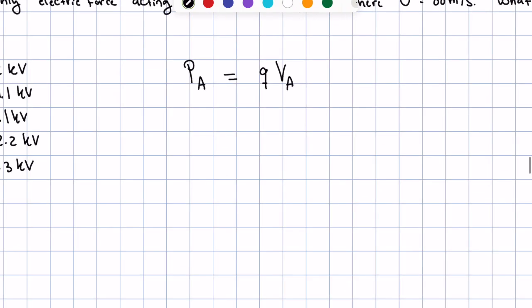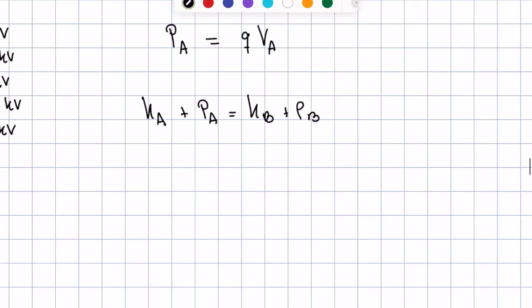So we can use our conservation of energy, where KA, kinetic energy at point A, plus potential energy at point A, is equal to the kinetic energy at point B, plus the potential energy at point B, to solve for VA minus VB. So here we have 1/2 m uA squared, where u is just the velocity, plus Q VA is equal to 1/2 m uB squared, plus Q VB.